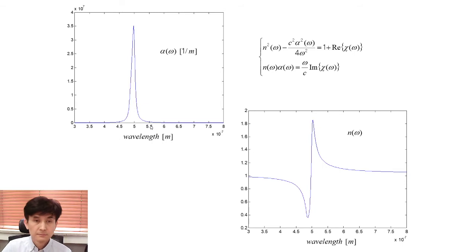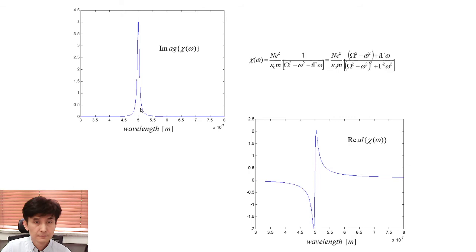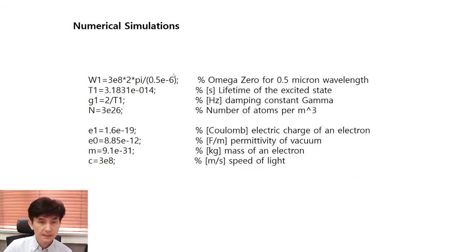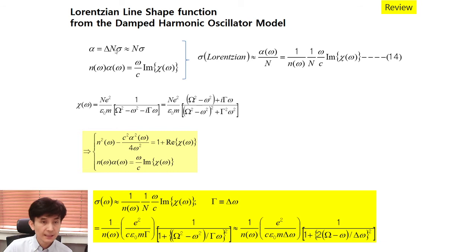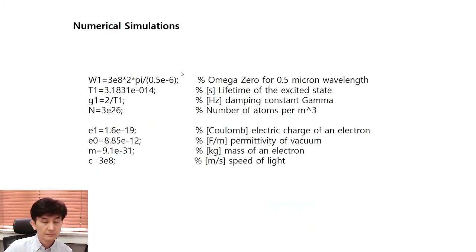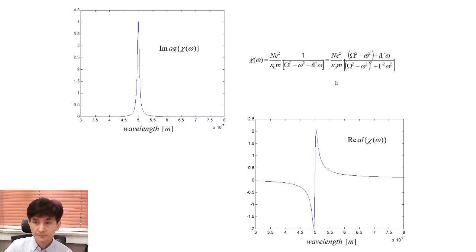Then with the expression of chi, we calculate the absorption coefficient alpha. With this non-saturated absorption coefficient, alpha is delta n times sigma, in the case when delta n is equal to delta n naught.